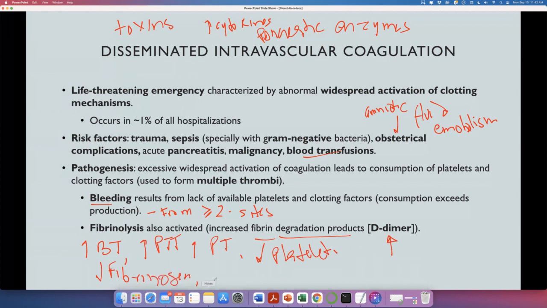Okay, and they are going to have elevated D-dimer. Okay, this is what we use to differentiate DIC from the other things that we mentioned before, and other problems that may affect the coagulation. Okay, overdose of warfarin or heparin.